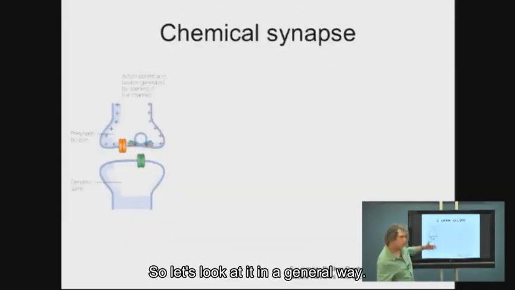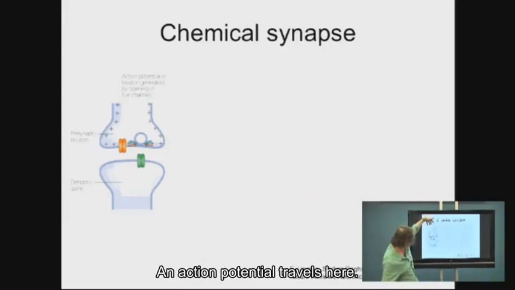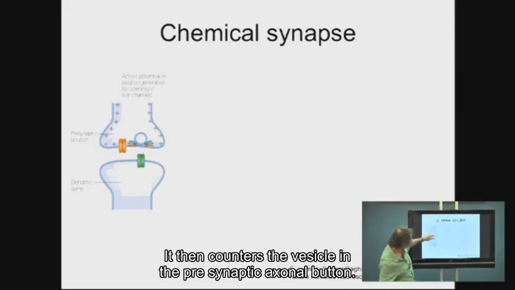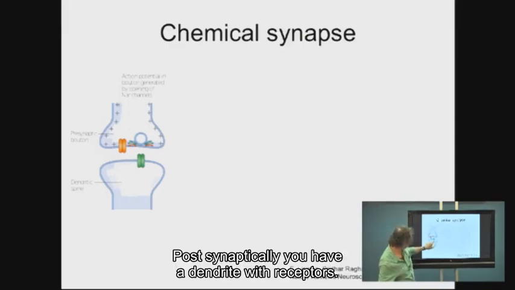So let's look at it in a general way. An action potential travels here. It encounters a vesicle in the presynaptic axonal bouton. Postsynaptically, you have a dendrite with receptors.